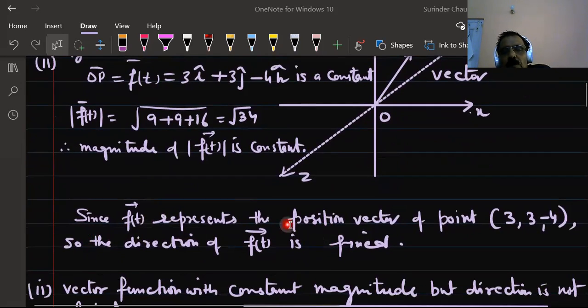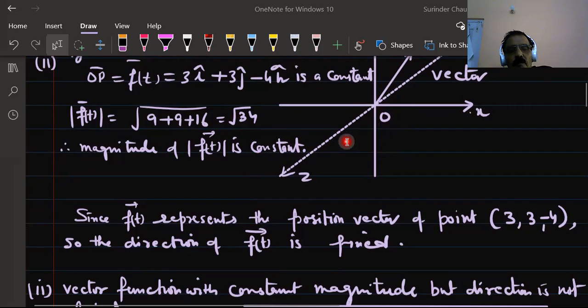Since F(t) represents the position vector of a point, the direction of F(t) is fixed, from O to P. So this vector F(t), the position of the point P in this three-dimensional space, is a constant vector function.